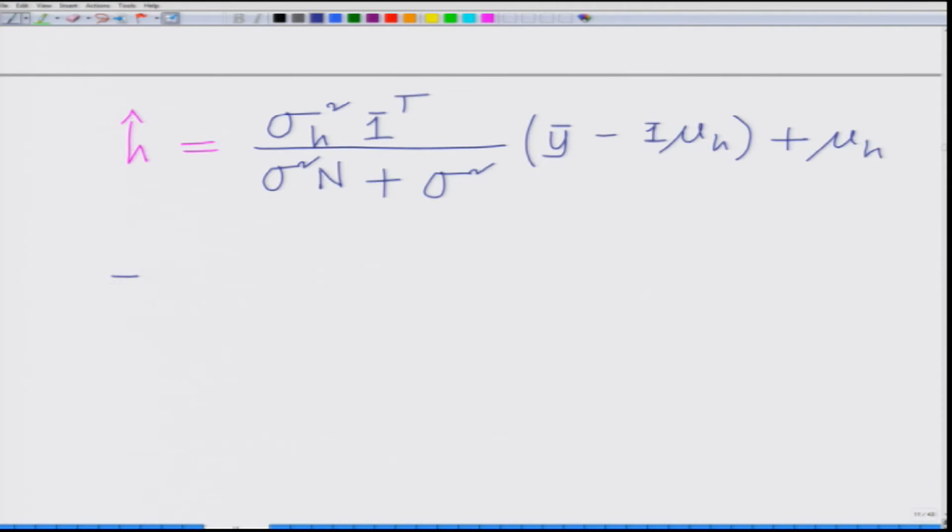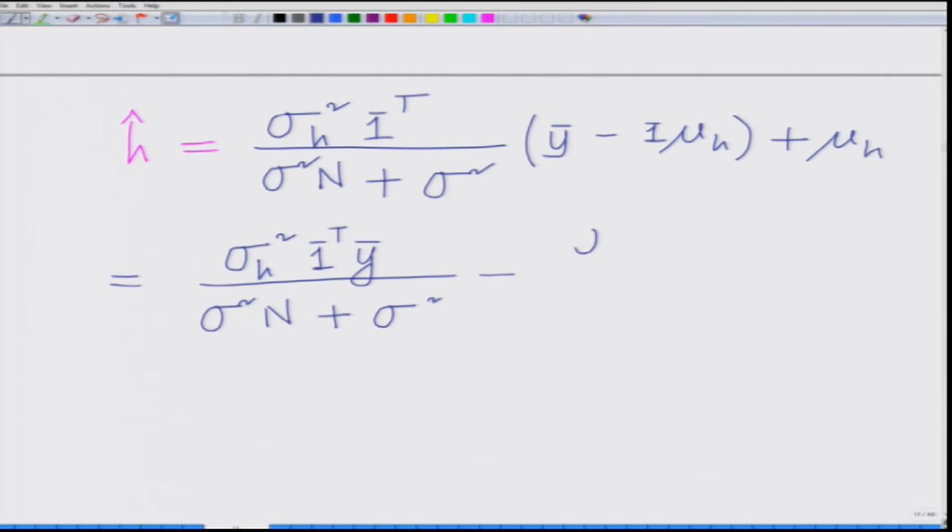Okay. And therefore, now look at this, I have sigma h square 1 bar transpose into y bar. So, that becomes sigma h square 1 bar transpose y bar divided by sigma h square n plus sigma square, minus sigma h square 1 bar transpose 1 bar, that is n, times mu h divided by sigma square n plus sigma square.